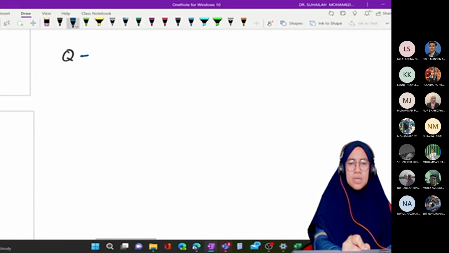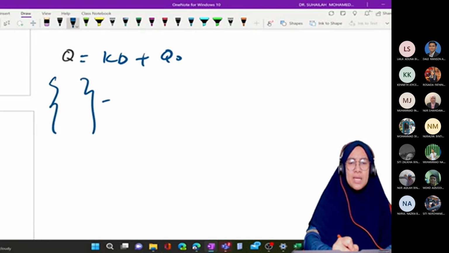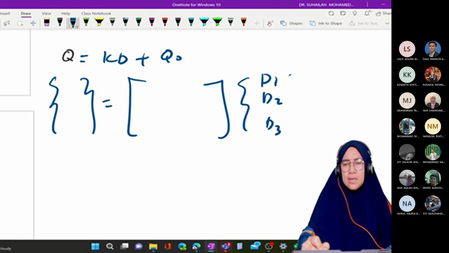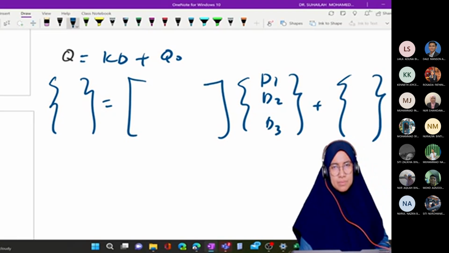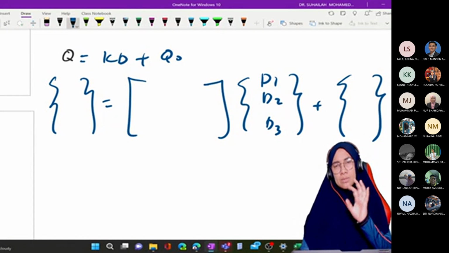So Q is equal to KD plus Q naught, and what we will get is only this: a 3 by 3 matrix times D1, D2, D3, plus Q naught until position 3 only, positions 1, 2, 3.